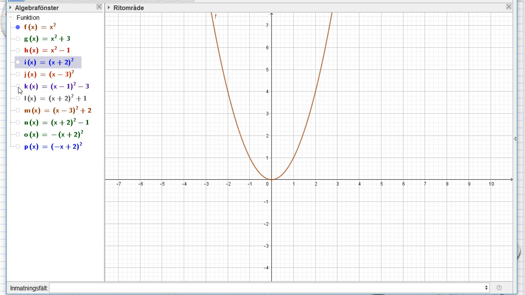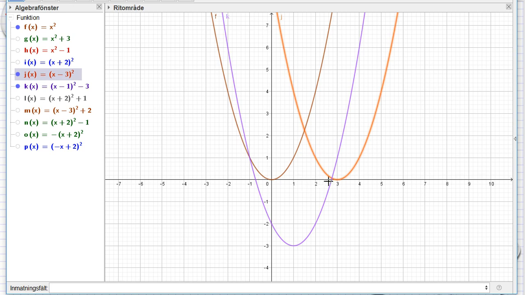As you can see here, minus in the x means steps to the right, and minus on the function means it goes down. So I expect to transform my f of x 1 step to the right and 3 steps downwards. 1 to the right, and then 1, 2, 3 down.